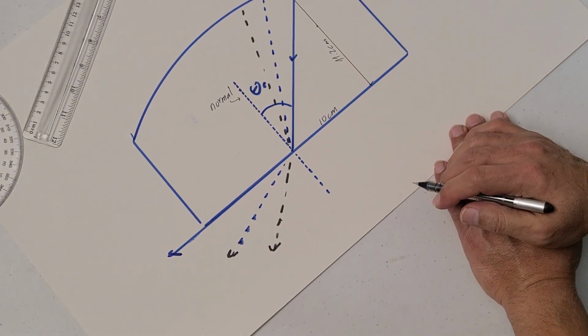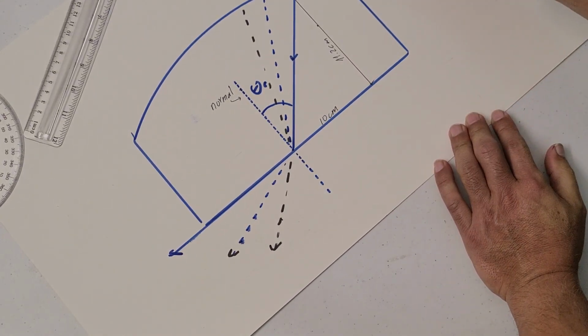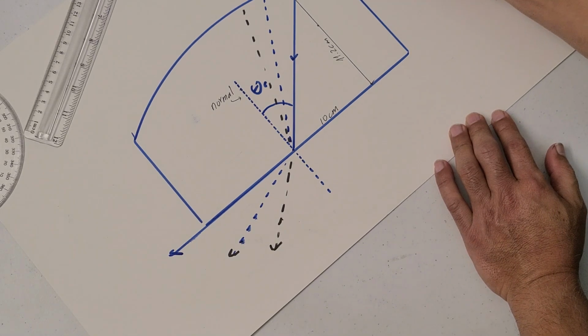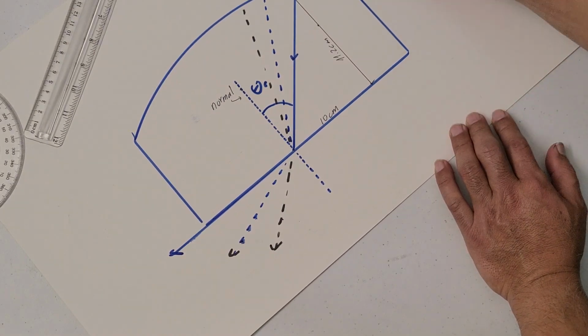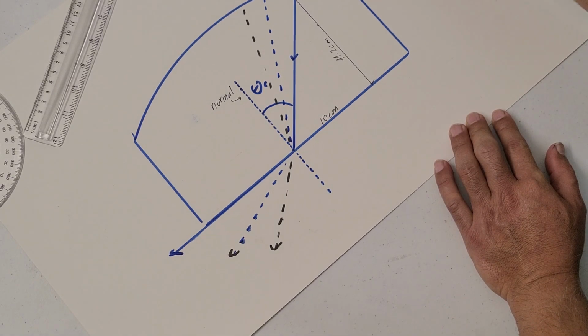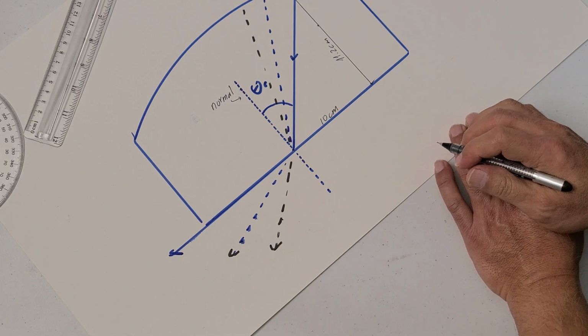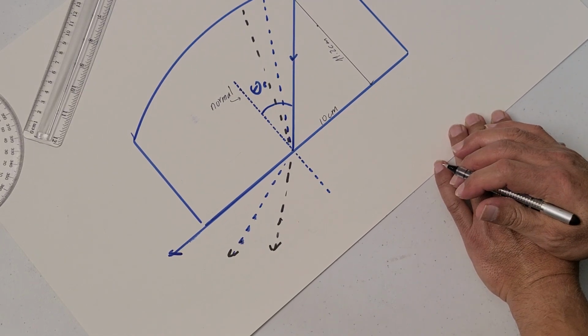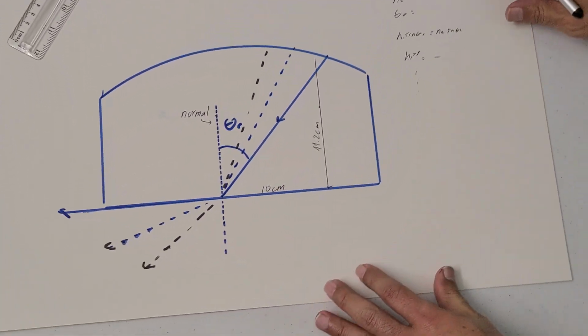And then from Snell's law, calculate the experimental one. Everything's on the board. It's extra information right here. Please do whatever is on the board that we introduced before.